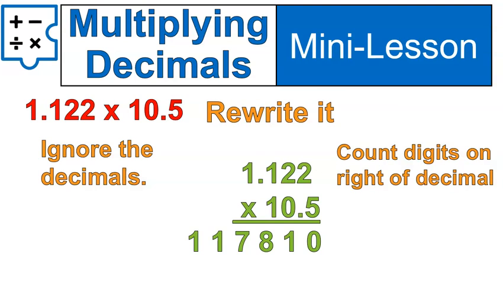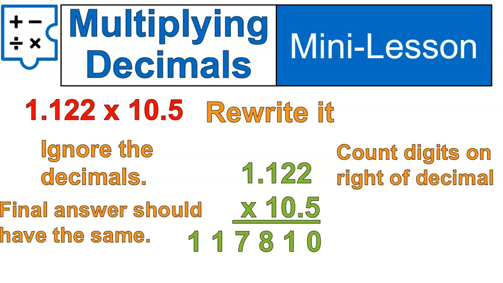I count the digits on the right of my decimal, and my final answer should have the same number of digits. So there's a 1, a 2, a 2, a 5. 1, 2, 3. That's 4 digits on the right of the decimal. My decimal is going to go right there for my final answer of 11.7810.